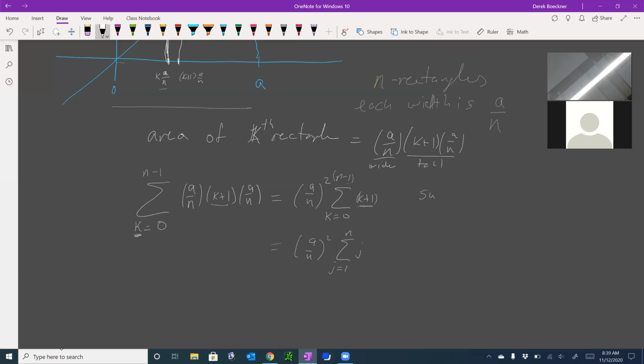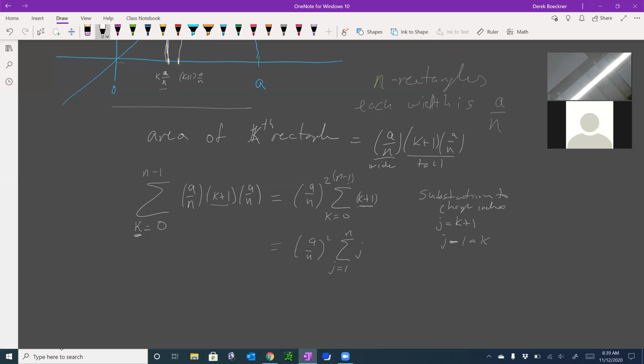This substitution and that substitution to change the index is that j is equal to k plus 1. If j equals k plus 1, j minus 1 equals k.